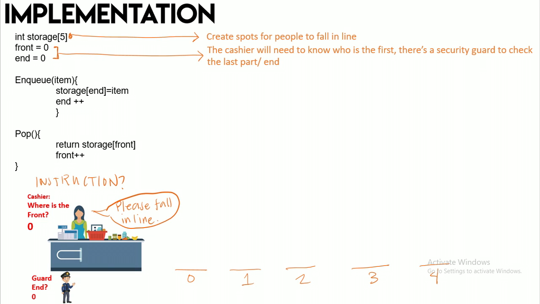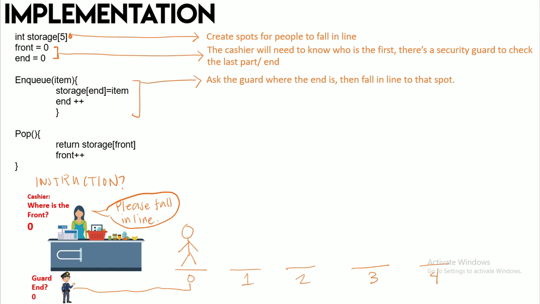Now going back to our code, the next instruction is that when someone wants to fall in line, we tell that person to ask the guard first where the end is, so that he or she will fall in line in that spot.